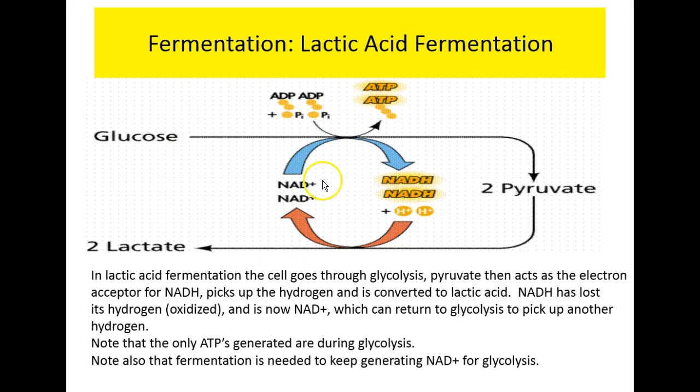Here is one of the simplest forms of fermentation, lactic acid fermentation. Remember, by definition, fermentation is a process that uses pyruvate or a derivative of pyruvate to oxidize NADH back to NAD+. So remember that during glycolysis, a glucose molecule is oxidized and transformed into two pyruvate molecules.